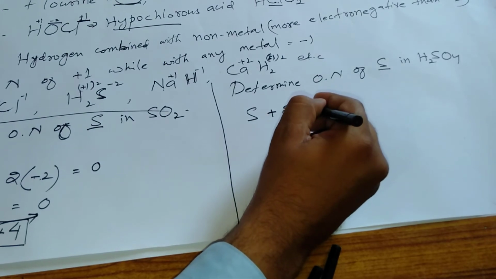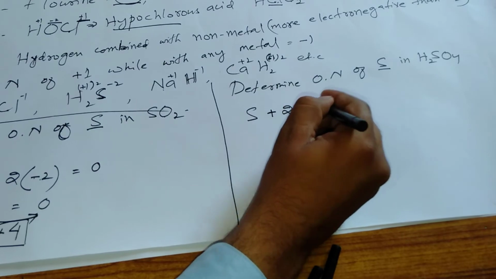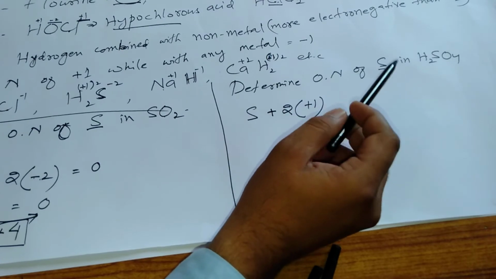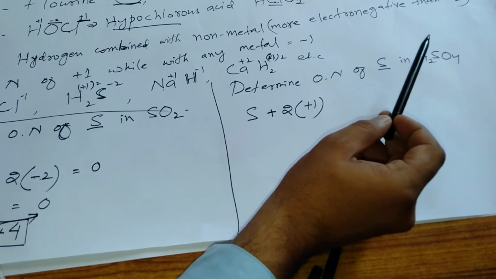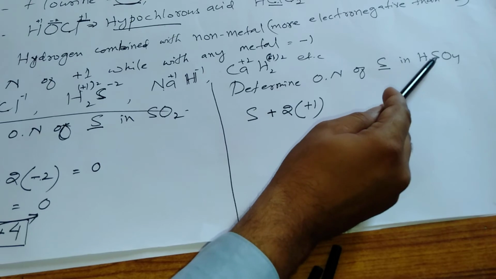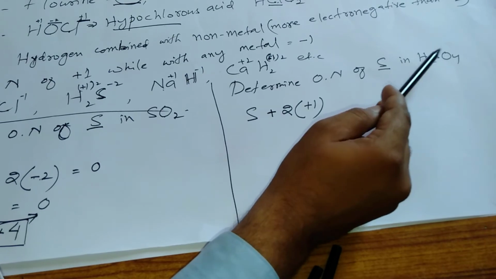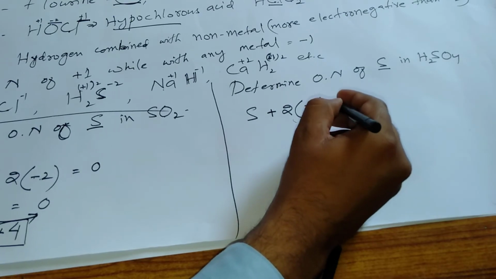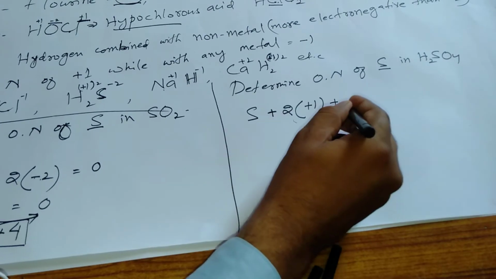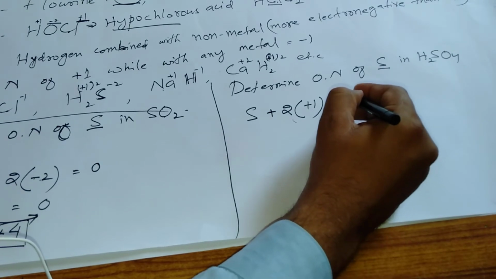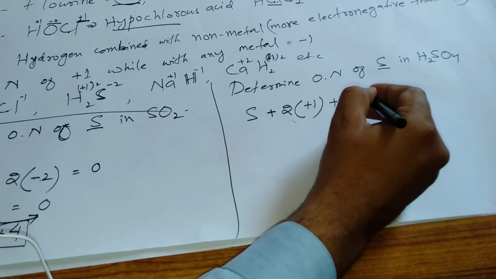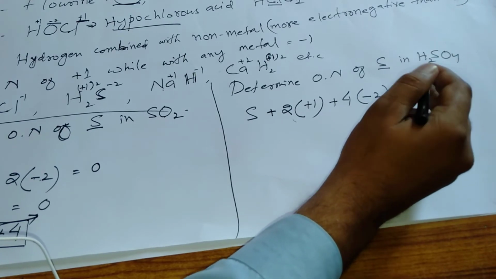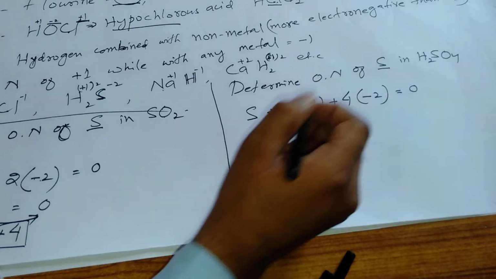The oxidation number of hydrogen in sulfuric acid is +1 because as discussed earlier, when hydrogen is combined with any other non-metal, it will have +1 charge. So here sulfur and oxygen both are non-metals, so hydrogen will have +1 oxidation number. After that we will place the similar plus sign. Then 4 atoms of oxygen, oxidation number of oxygen -2, and overall the compound has 0 charge.